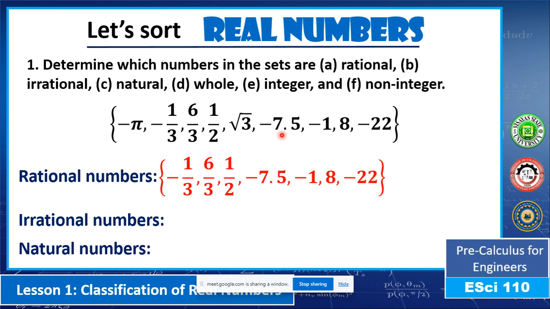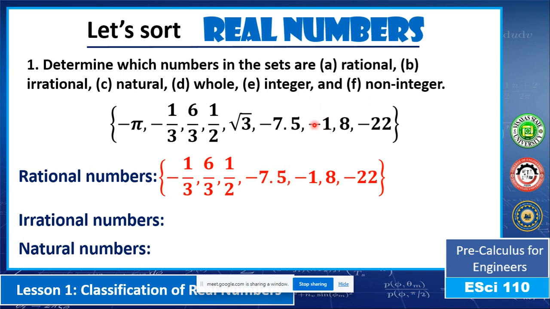How about negative 7.5? Of course, we can convert it into a fraction form, which is equal to 7 and 1/2. And then, if you convert it into an improper fraction, it will now be a ratio of two integers. So therefore, negative 7.5 is a rational number. How about negative 1?